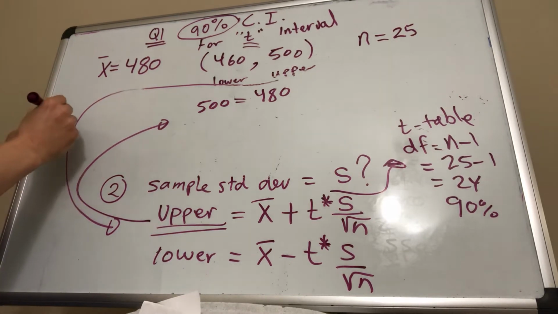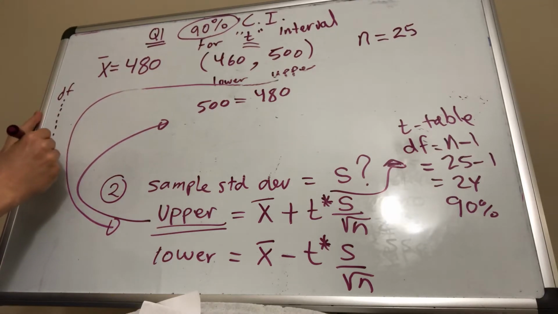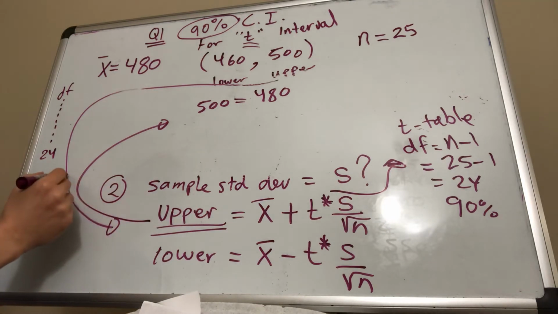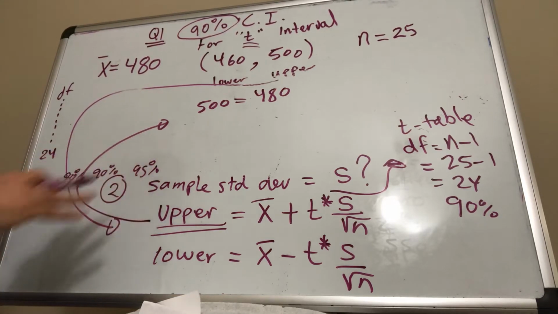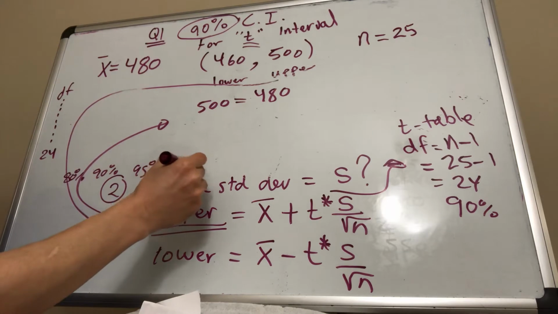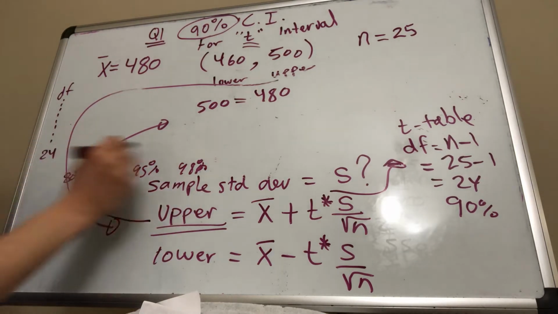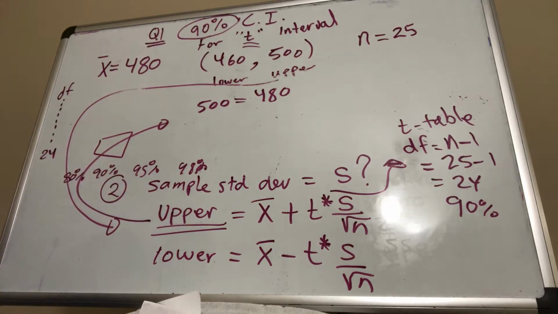There's a column called df for degrees of freedom. You go down to the degrees of freedom 24, because that's what we have. At the bottom, you see percentages, something like 80%, 90%, 95%, 98. Since you're at 90%, you need the number that's common between degrees of freedom 24 and 90%. And that number should be 1.711.